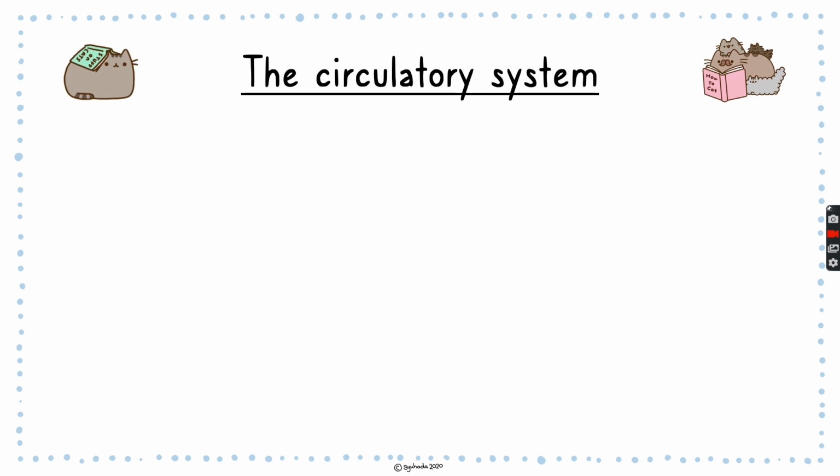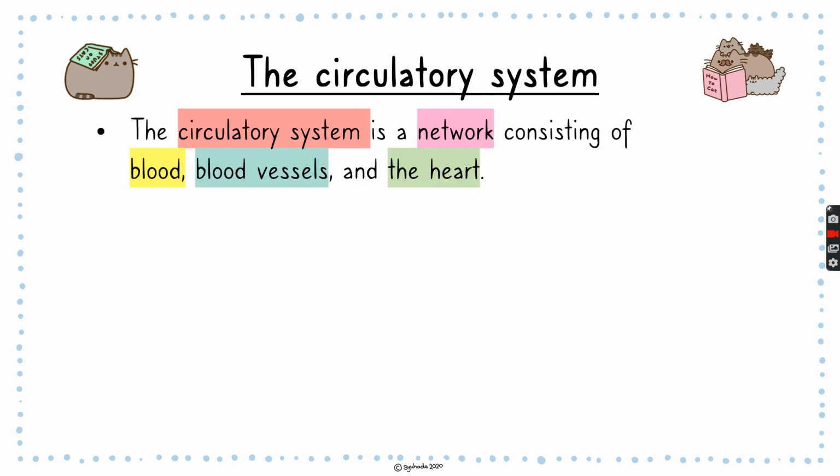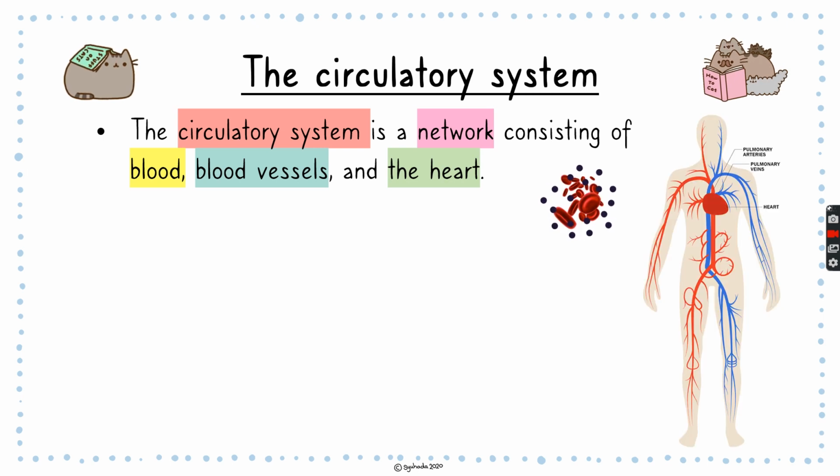Now, one of the last pieces of prior knowledge you need to know is the circulatory system. The circulatory system is a network consisting of blood vessels and the heart. Blood is a mixture of different types of cells, a tissue. The heart is an organ.